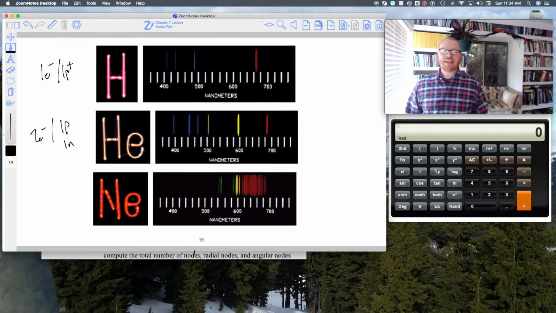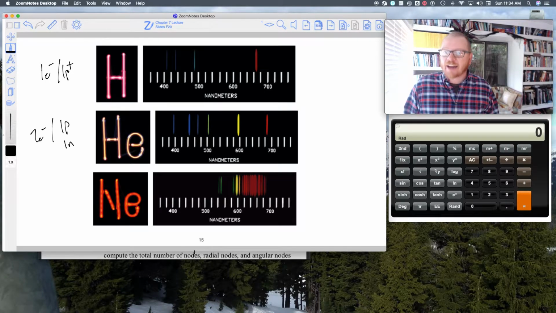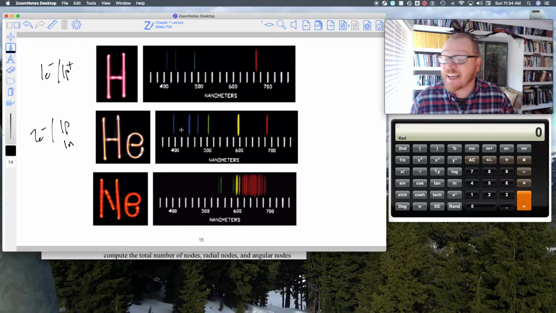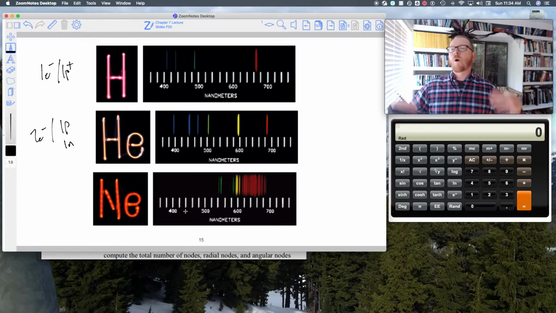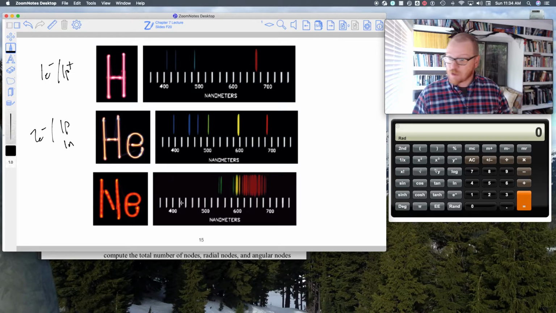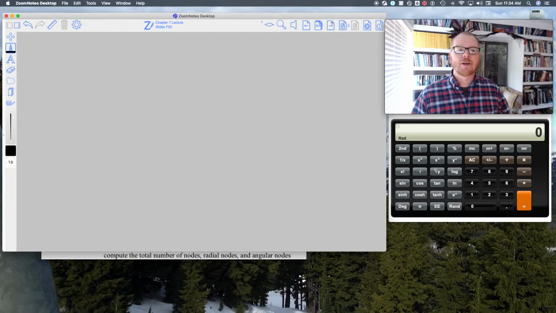So if you've ever seen a blue neon light, it's not neon. It's something else. Neon does not emit any blue light. So it could be a helium light or another atom that emits blue light. But there's no such thing as a blue neon light. So now you know. Okay, so moving on.